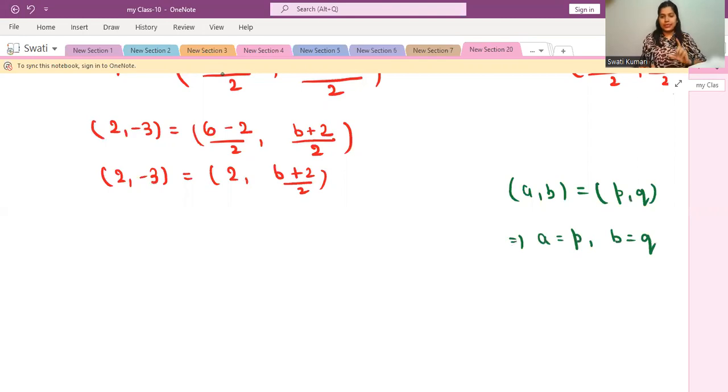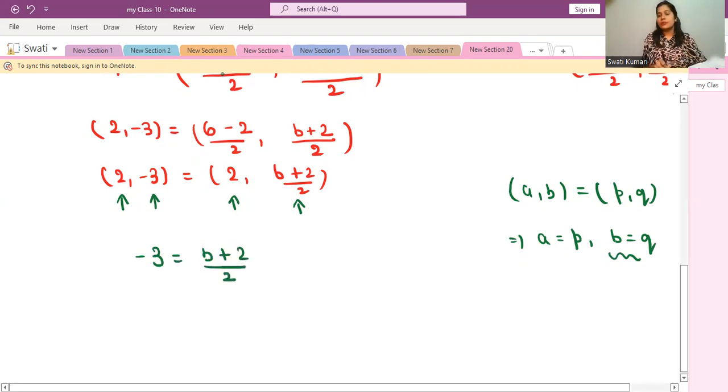So using that concept, we can clearly see that 2 equals 2, and minus 3 will be equal to b plus 2 upon 2. Imagine that this is a comma b and this is p comma q.